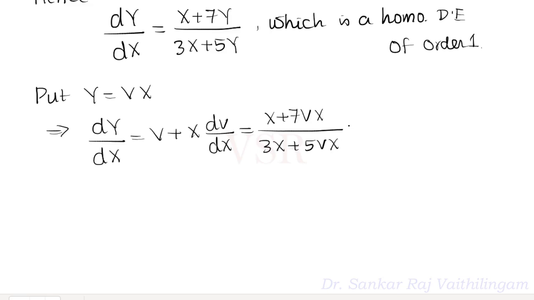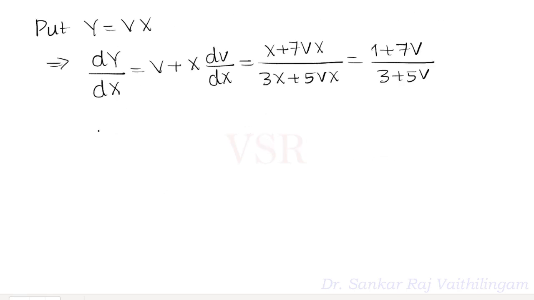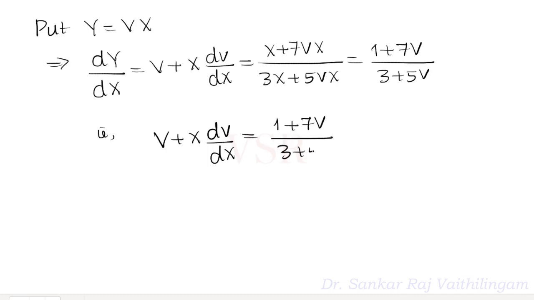The x cancels out, and we get 1 plus 7v divided by 3 plus 5v. So we have v plus x into dv by dx equal to 1 plus 7v divided by 3 plus 5v.